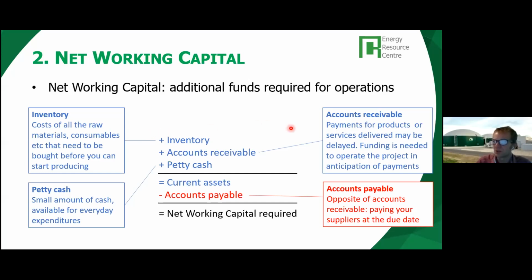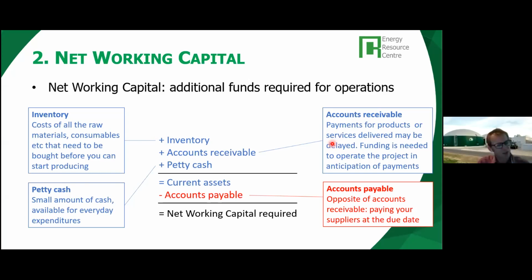What they call accounts receivable, being the payments for products or services delivered, which will start coming in after one or several months.